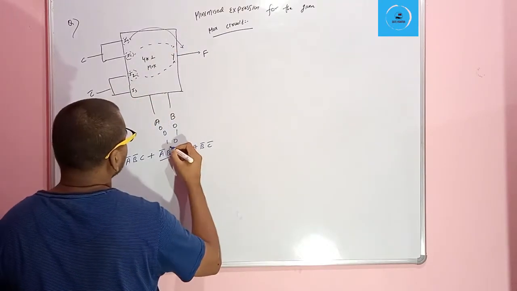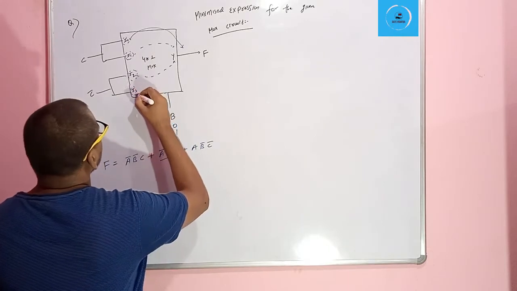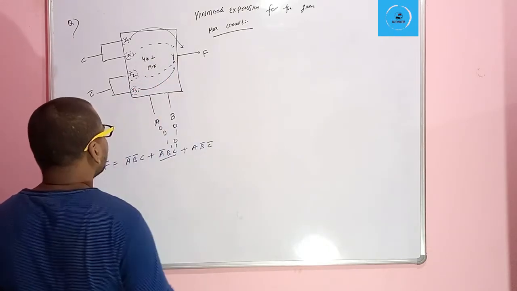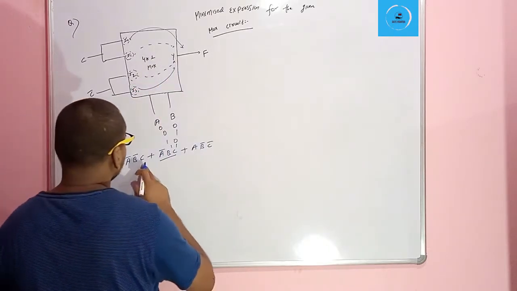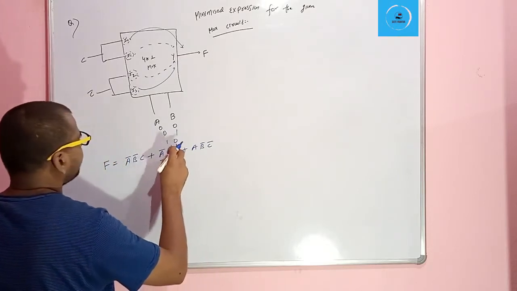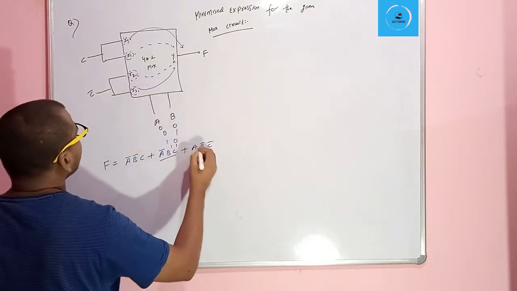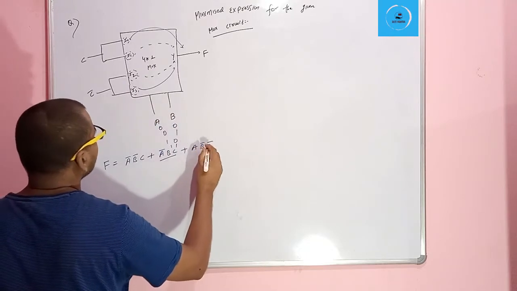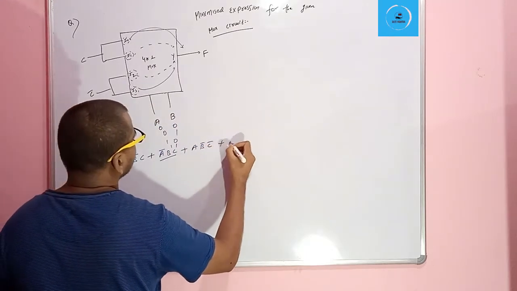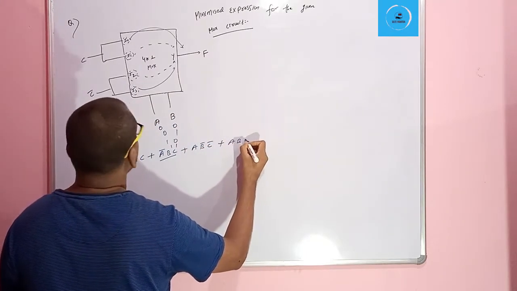And for 1 1, I3 is selected and I3 will go to the output. So here F = A bar B bar C plus A bar B C plus A B bar C bar, and plus A B C bar.